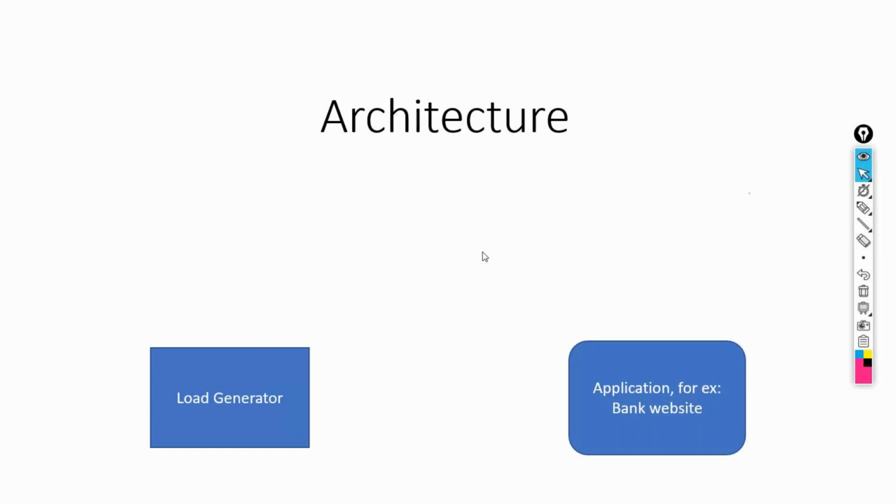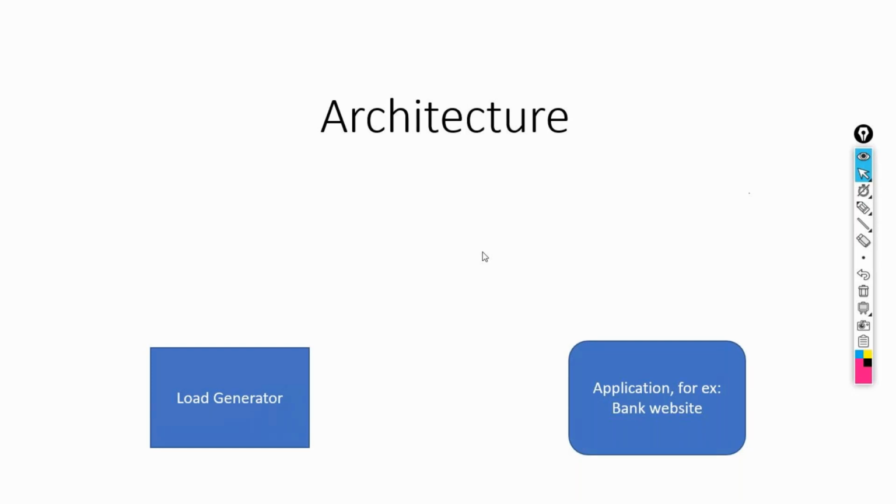Like how many virtual users this machine can simulate, it all depends on the machine configuration as well. That is one aspect. Of course there are some other points as well. The load generator machine configuration is one of the aspects which will determine how many virtual users a machine can generate, right?